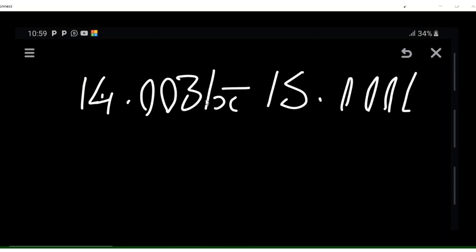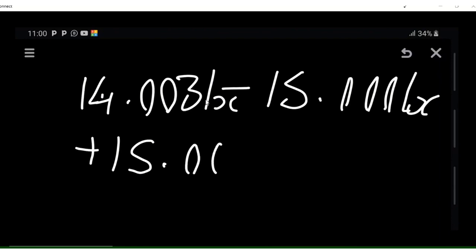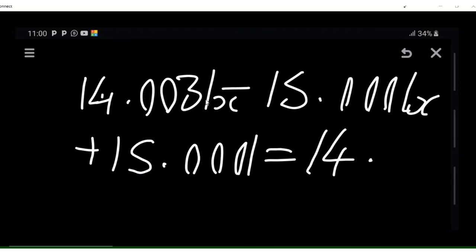15.0001. This is not ending there. We also have a plus 15.0001x equal to 14.01. This is what I say.